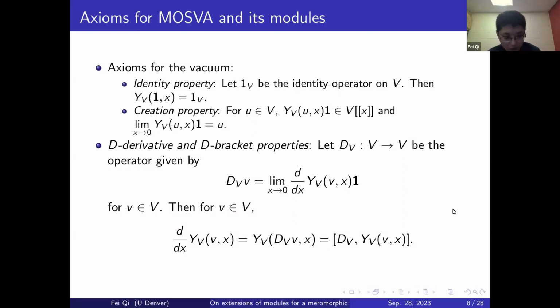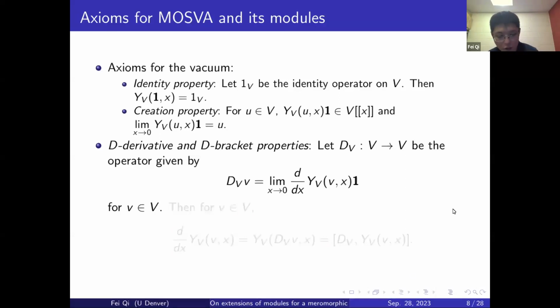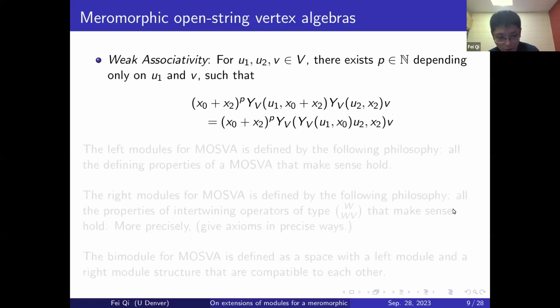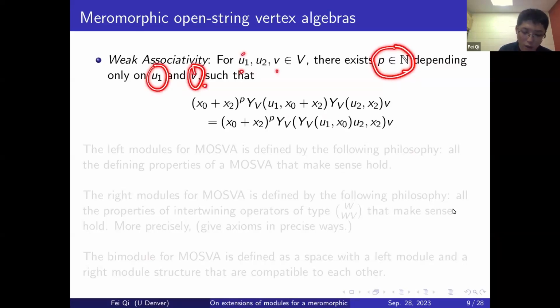Yes. Okay. Yeah, so these are the side axioms over here. And of course, the most important axiom for the meromorphic open string vertex algebra is the so-called weak associativity. So over here, we require that for three elements inside the vertex algebra, we require the existence of a number p, and the number p has to depend only on the first and the last, so namely u1 and v over here.